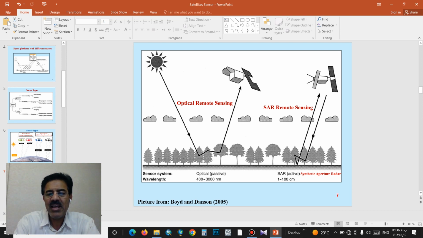SAR means synthetic aperture radar, or active remote sensing. In optical remote sensing, electromagnetic waves are usually produced by the sun, and in SAR remote sensing, electromagnetic waves are usually produced with the satellite or platform.